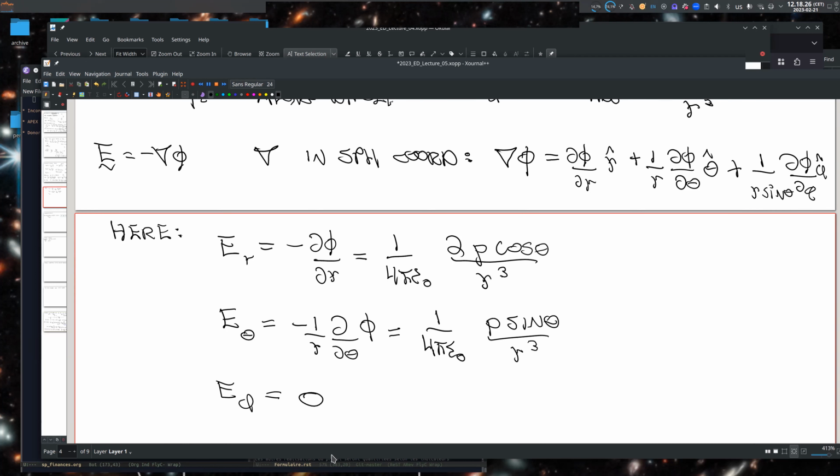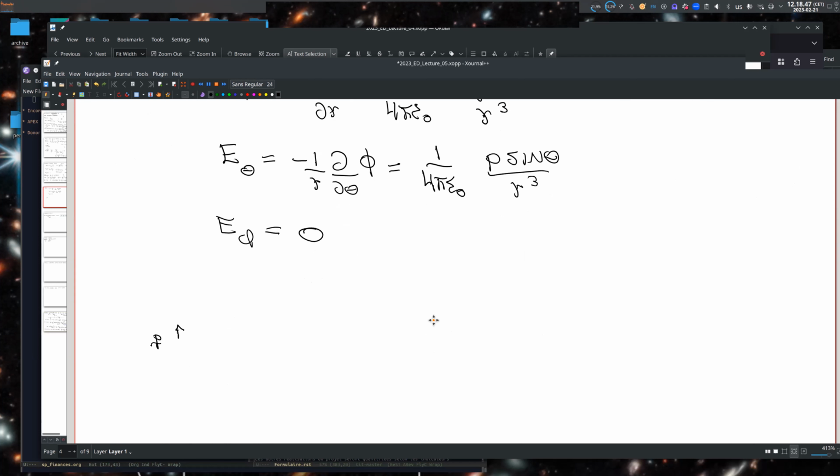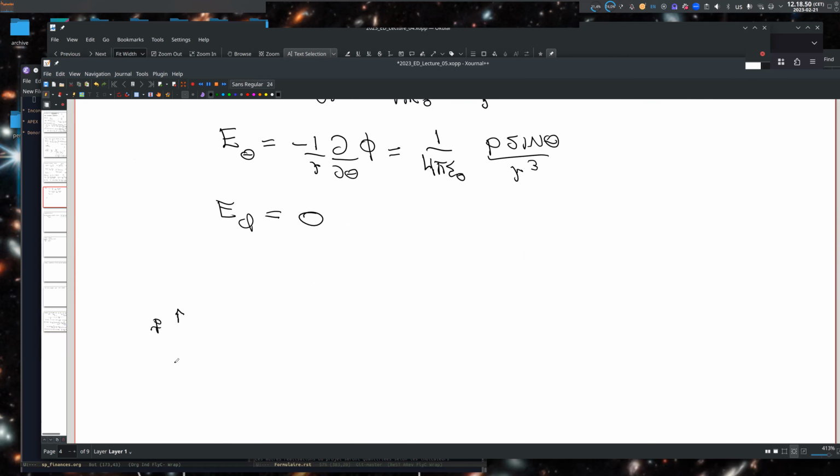So how does this look? If you look at the field, I have my little dipole moment like this, p equals q times d in this direction. The field of that thing, I tried to draw it before. You'll find some marvelous illustrations in Purcell-Morin. Maybe I can try to do it well.